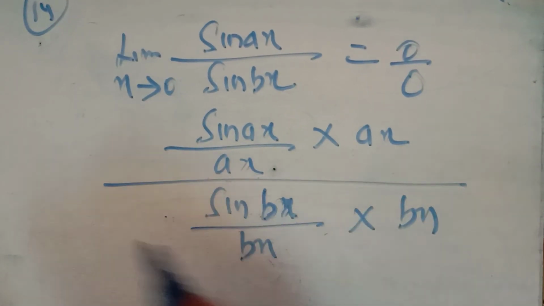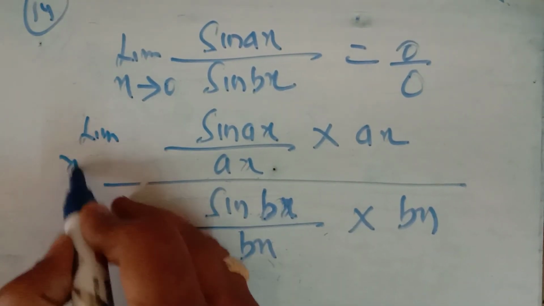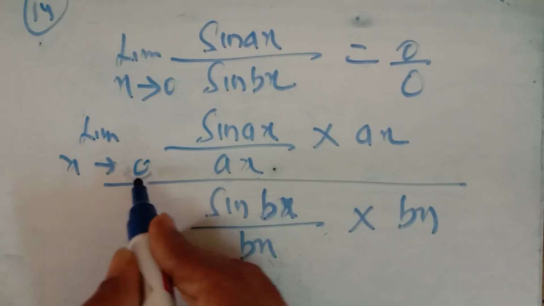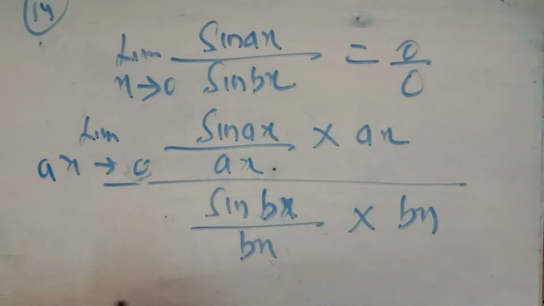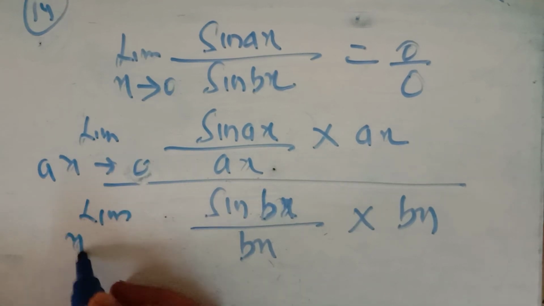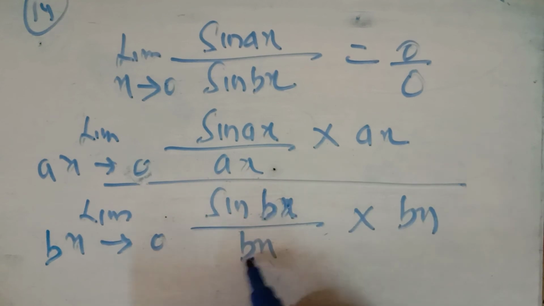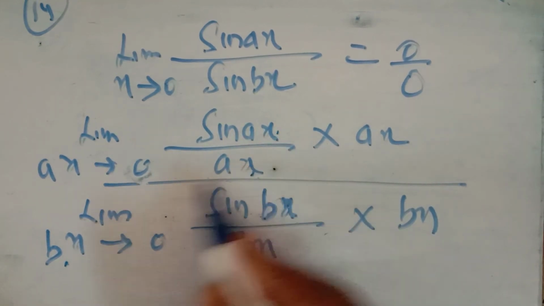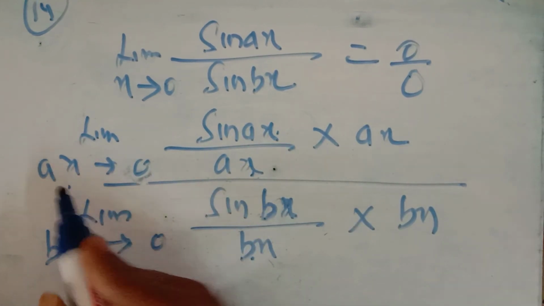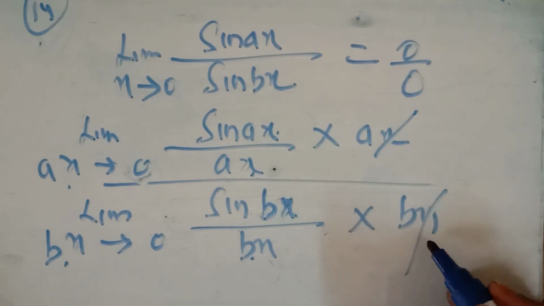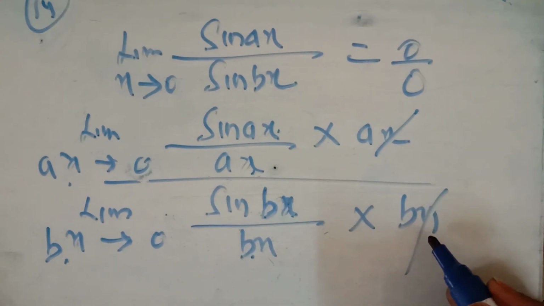If x goes to 0 and you multiply both sides by a, it remains 0; similarly, x goes to 0 and you multiply both sides by b, so that this and this remain the same. But before taking the limit, you should cancel out the x in the denominator, because of which you were getting 0 in the denominator.